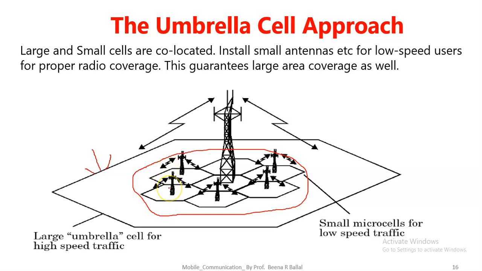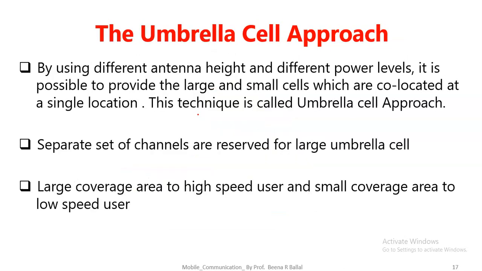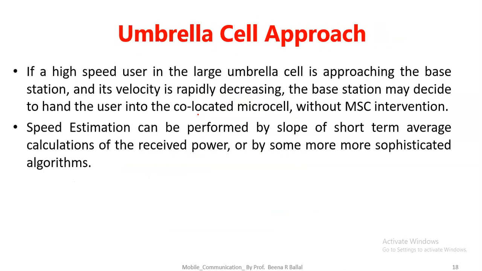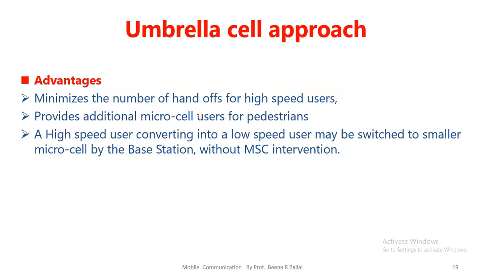So smaller cells are served with a smaller base station with lower power, and larger coverage is given by this particular base station or tower, which covers a larger area and takes care of the high speed users who are using the services in that particular area.